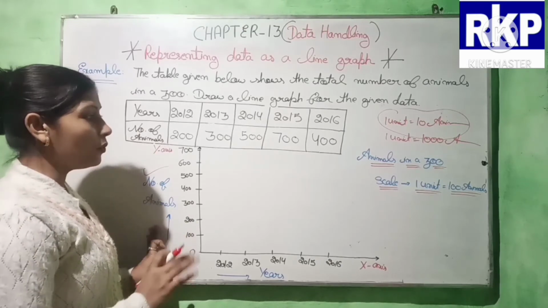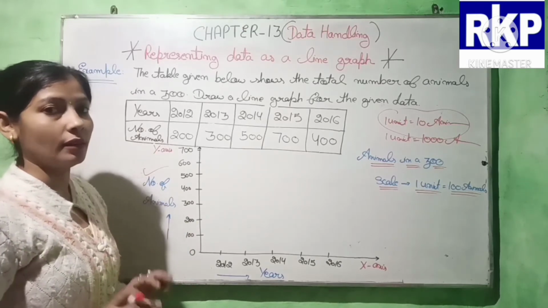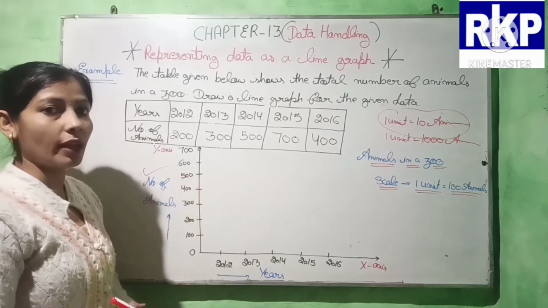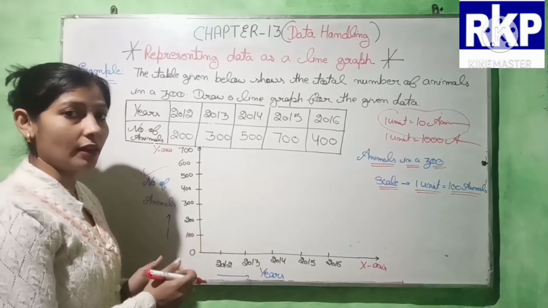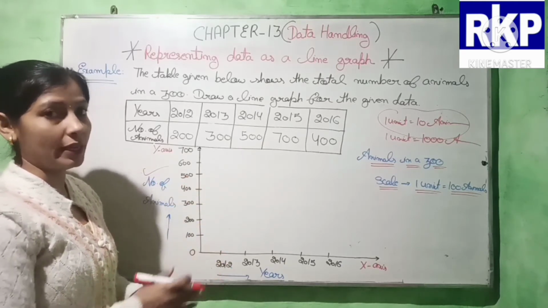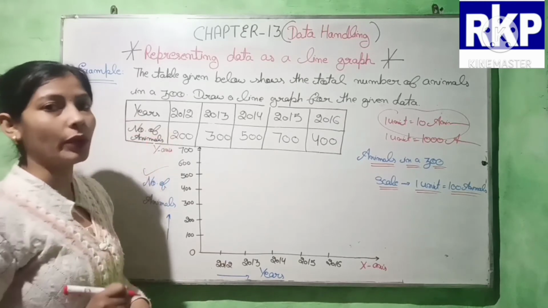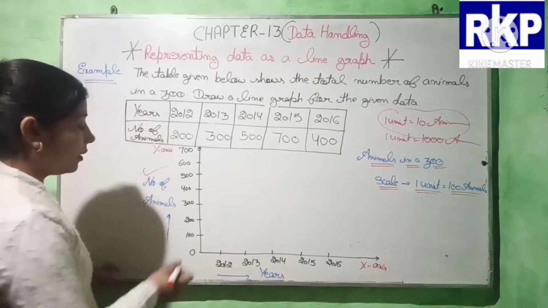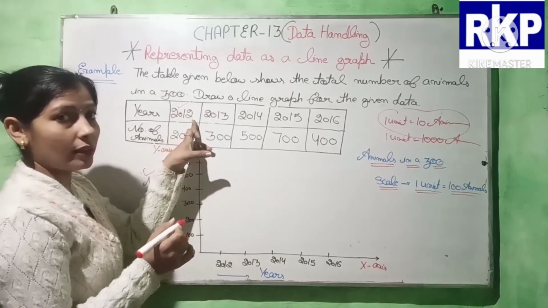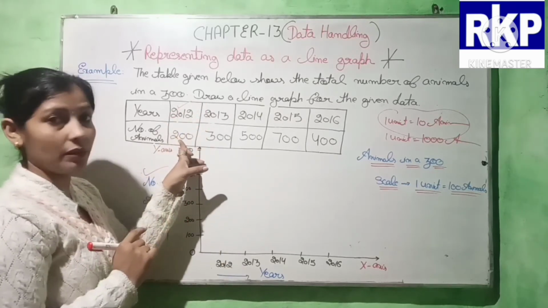Okay. Now we have to draw our line graph. Now we have to put points. Because in the case of line graph, the data is represented as points, and then we join these points with a line. So here in the year 2012, there were 200 animals.